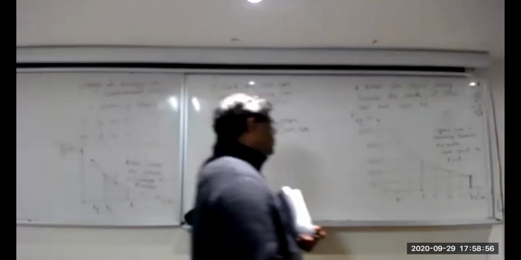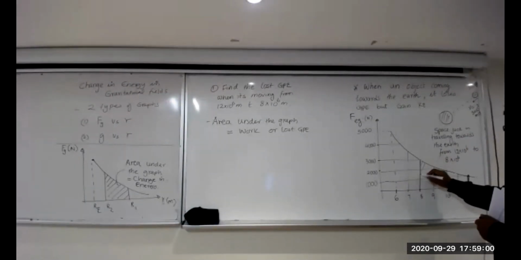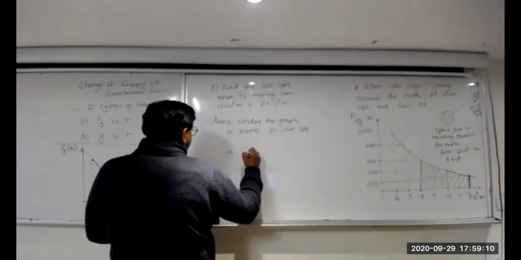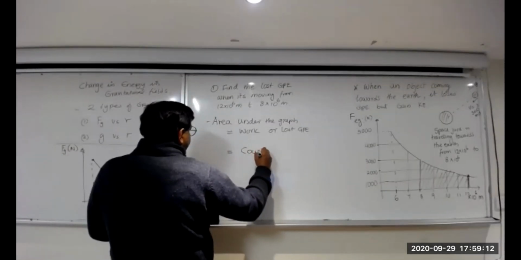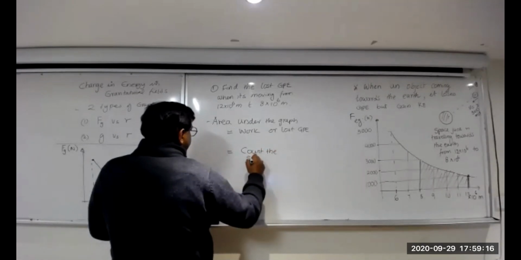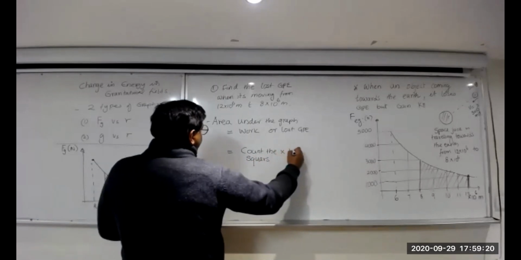So you have to count the squares, see roughly how many squares there are, and multiply by the value of 1 square.